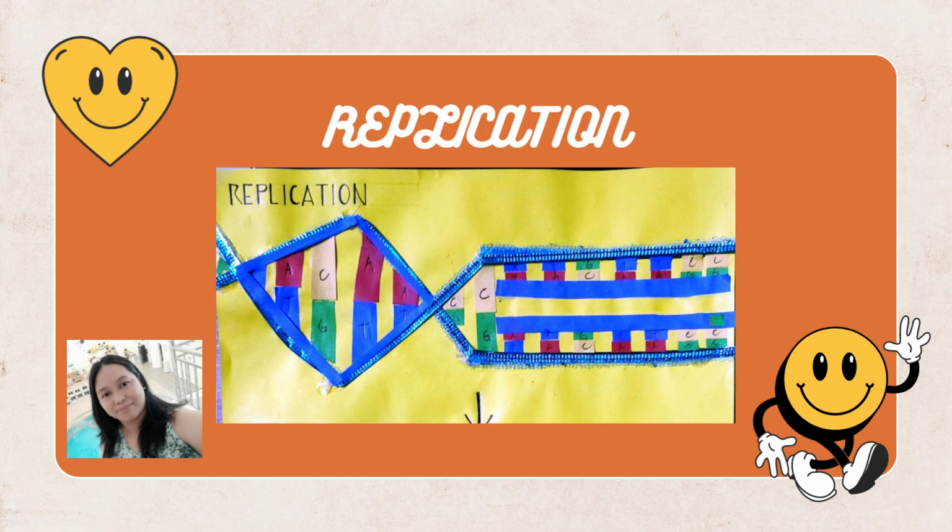The opening of the double helix and separation of the DNA strands, priming of the template strand, and the construction of the new DNA segment are the three main phases in replication. The DNA double helix, two strands, uncoils at a specific spot known as the origin during separation.